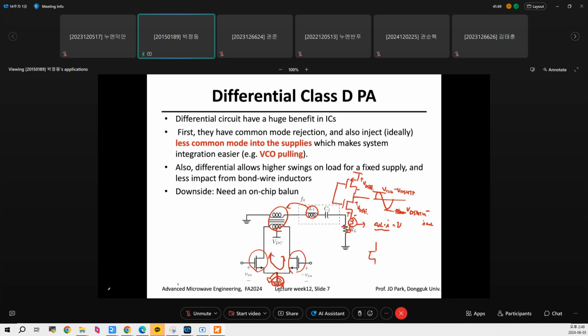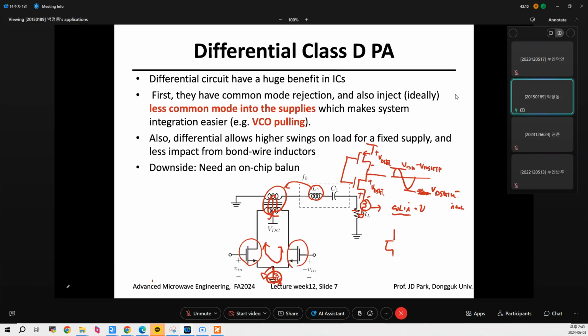More importantly, since this is a differential mode, there is less signal injection through this common mode. This is quite a serious issue actually.